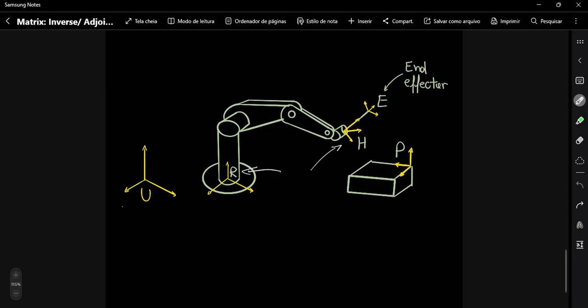We already have solved this example, and in example 2.15, I use this robot as reference to solve it. But before, I wanted to work with you on the interpretation of the problem.